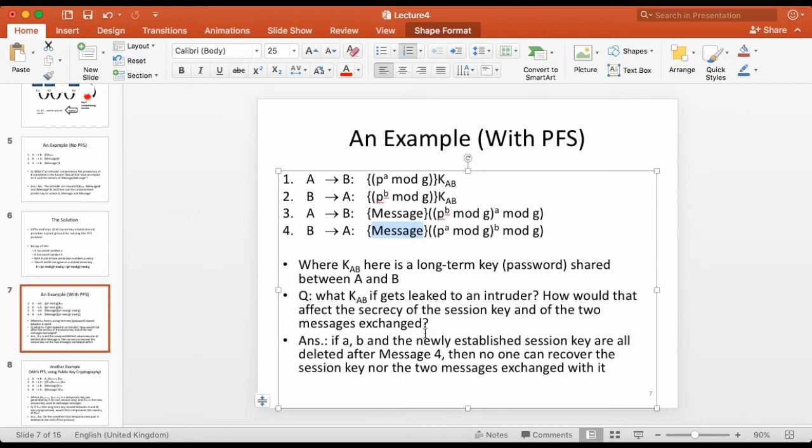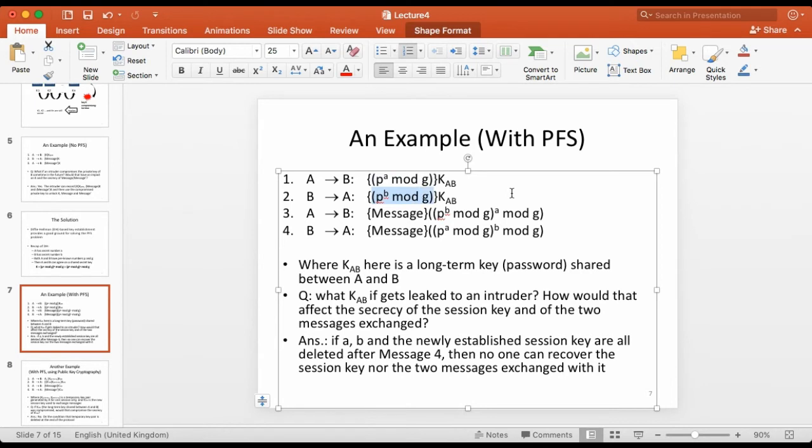Because if you were compromising KAB, then the only thing you can compromise in the whole protocol is the subcalculations. So the first subcalculation that Alice performed and the second subcalculation of the Diffie-Hellman key that Bob performed.